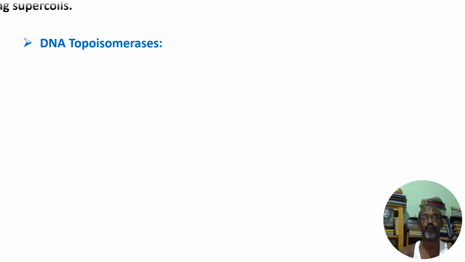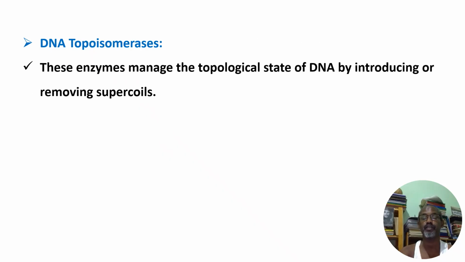And the third group, DNA topoisomerases. These work on the topology of the DNA molecule. These enzymes manage the topological state of DNA by introducing or removing supercoils. Of course, they also introduce supercoils.